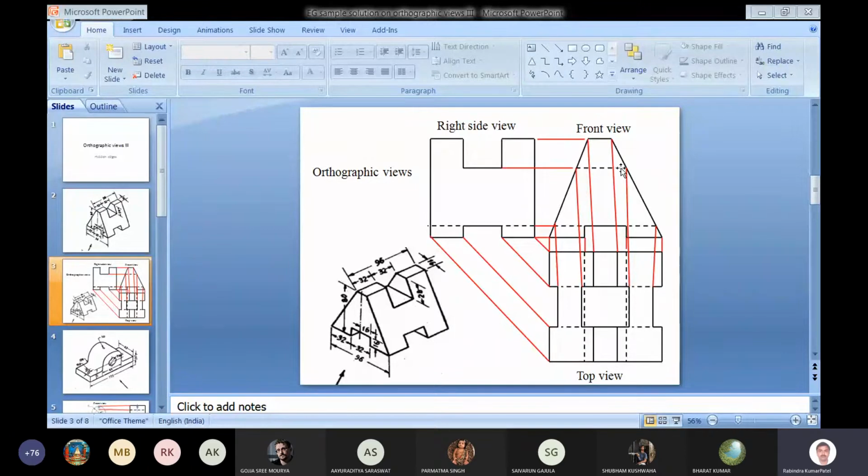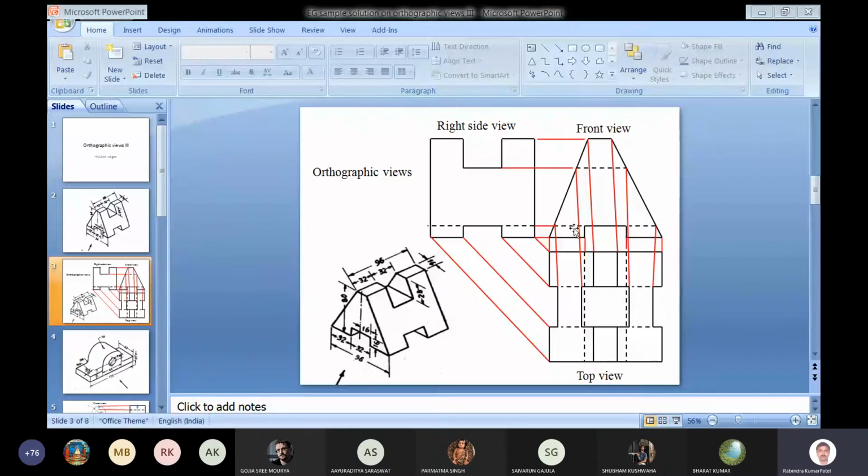This dashed line is coming corresponding to the edge which is passing from this corner or this corner, from the right to left. So we will have an edge which will not be visible from this side. We can draw a dashed line corresponding to this, which can be seen like this.